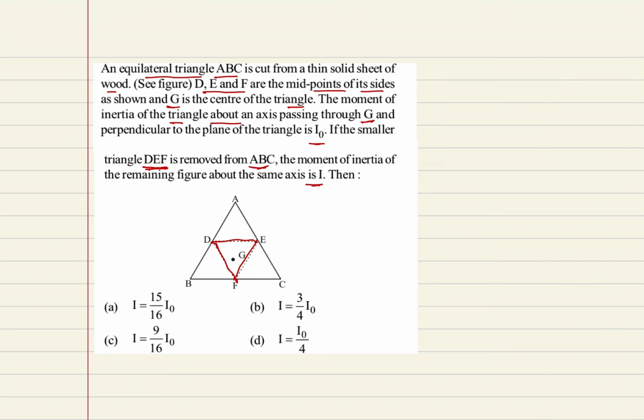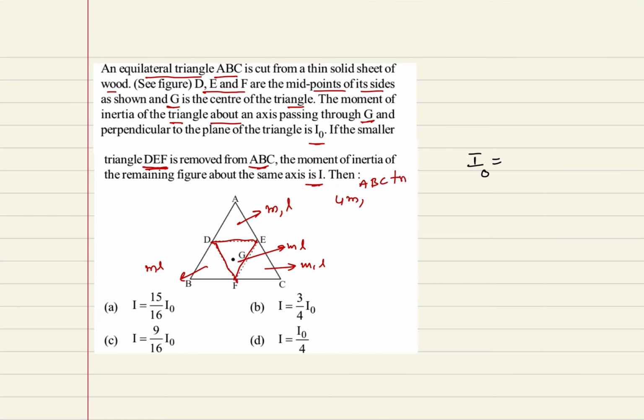Okay, you see here, as per the question, they have given the moment of inertia of the bigger triangle as I naught. If I take each triangle having mass m, side L, this is also mass m, side L, we can say 4m is the ABC triangle.